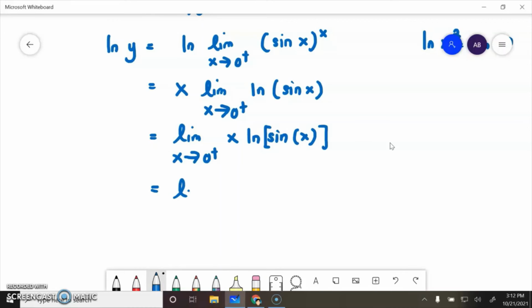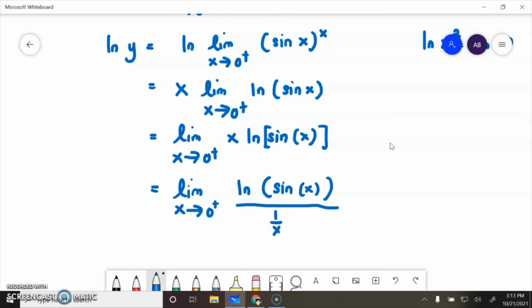So similar to the previous example, I can write this as ln sine x over, this x here will become 1 over x.